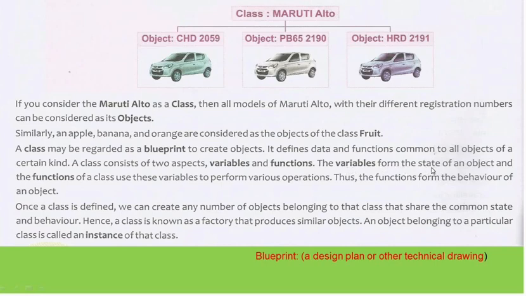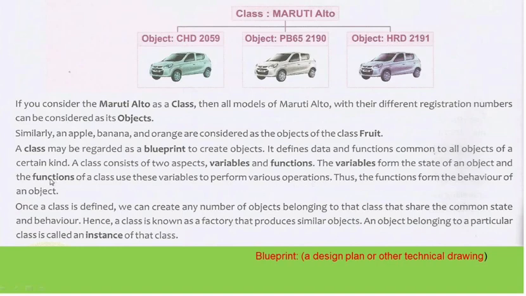Actually, we use variables to represent the different attributes of objects, and the state is nothing but the values of those particular attributes. Okay, so variables form the state of an object, and functions of a class use these variables to perform various operations.